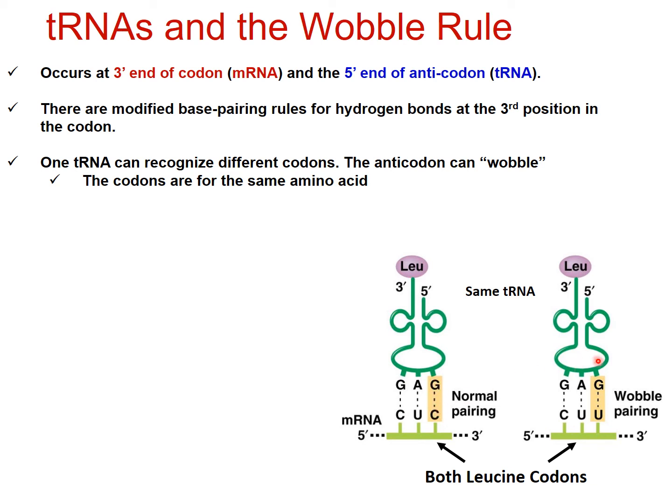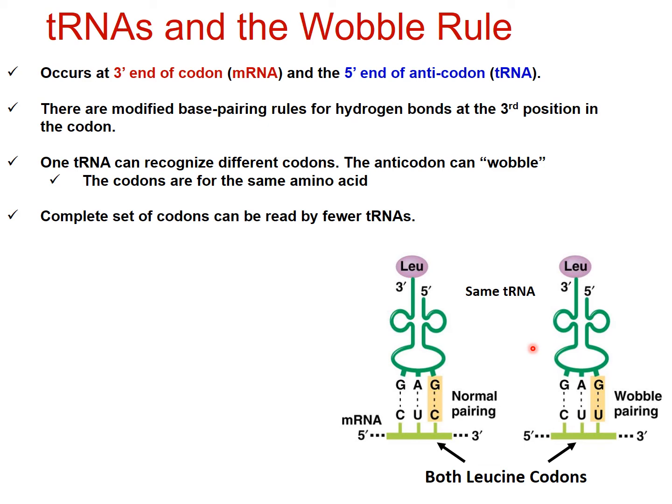However, the tRNA can change its structure slightly so that this G in the transfer RNA can also recognize uracil at the same position. Again, these are both leucine codons. So this little bit of wobble in the transfer RNA allows the recognition of multiple codons by the same exact transfer RNA.